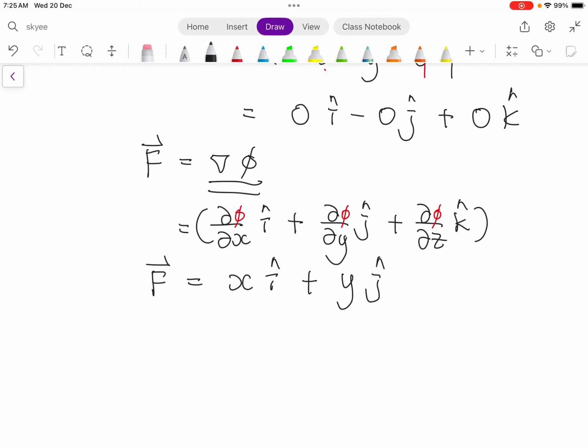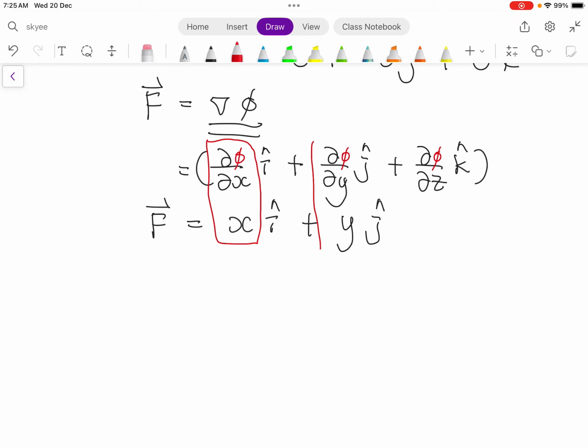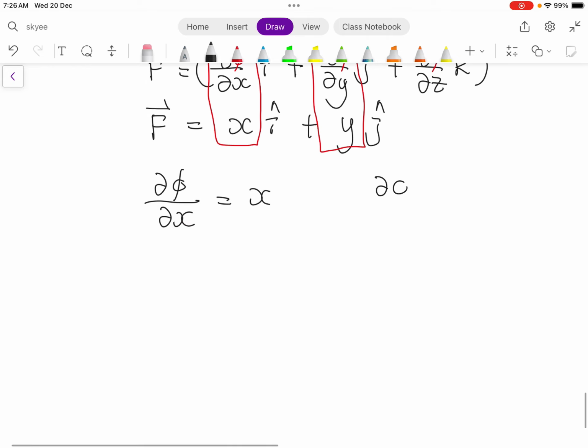Now we can do a comparison for this i component and j component, because this one is also f, right? So del phi del x is equal to x, and del phi del y is equal to y.